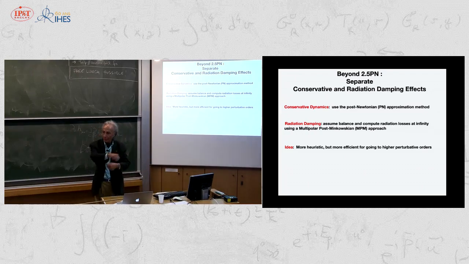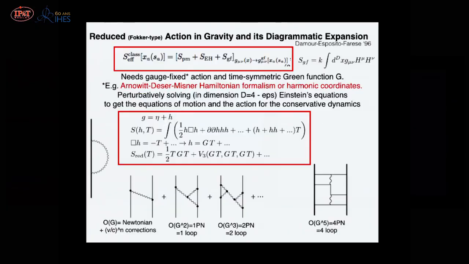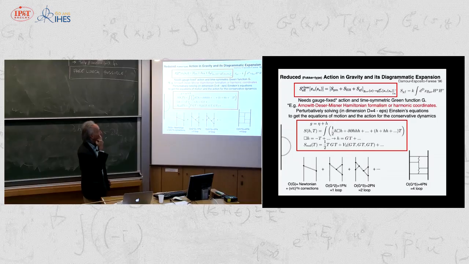What is the conservative dynamics, neglecting radiation damping, starting at V^5 over C^5, and adding the radiation damping as an extra term computed from the emission of gravitational waves at infinity, okay? And for this thing, you can introduce the idea which was first introduced in electromagnetism by Fokker in 1929.